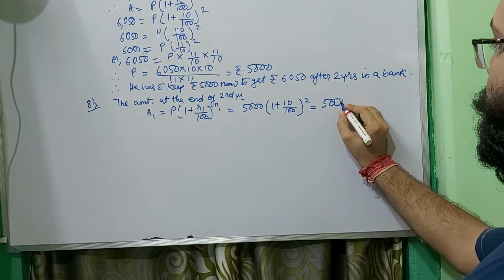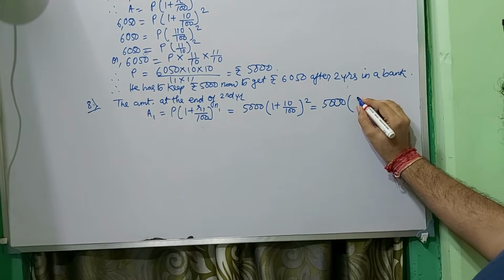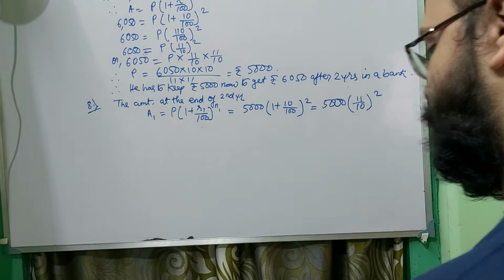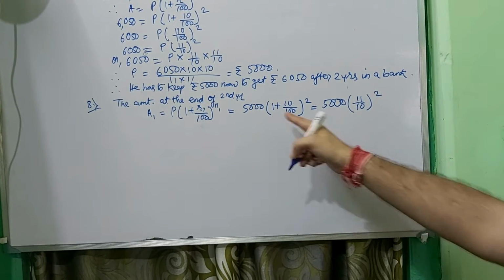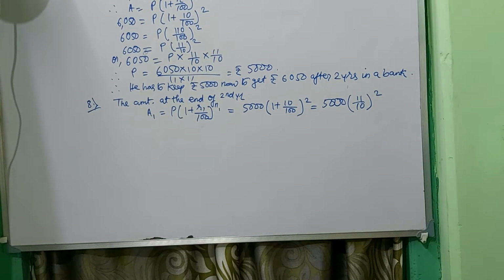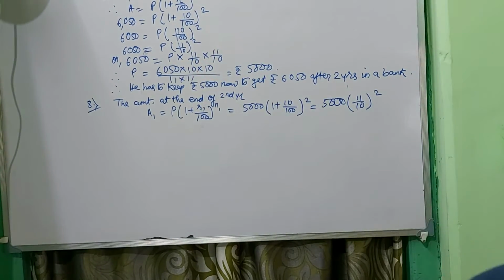5,000 into 11 by 10 whole square. If you calculate it, if you take the LCM, you will get 100 plus 10 means 110 by 100. 110 by 100 means 11 by 10, like the previous one.